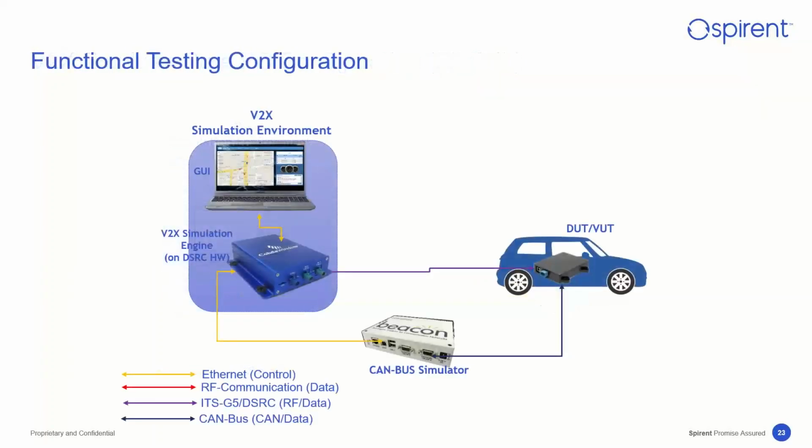And then you can integrate, for example, a CAN bus simulator to observe the behavior of the DUT in reaction to V2X messages or to a specific V2X situation. For example, in an intersection collision warning situation, a vehicle actually detects the intersection collision warning, and as a reaction will trigger brake on the device.